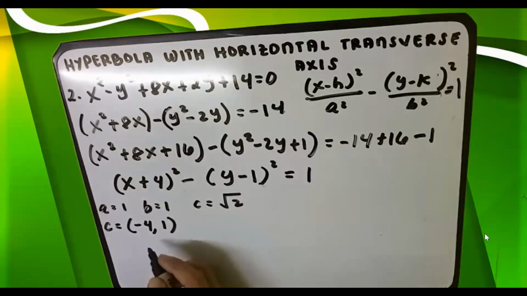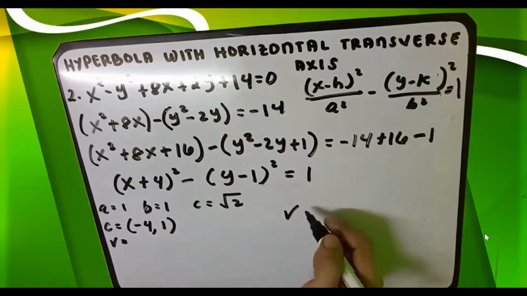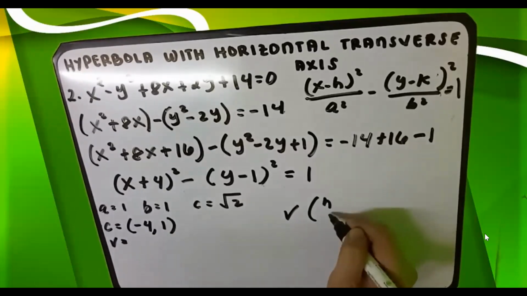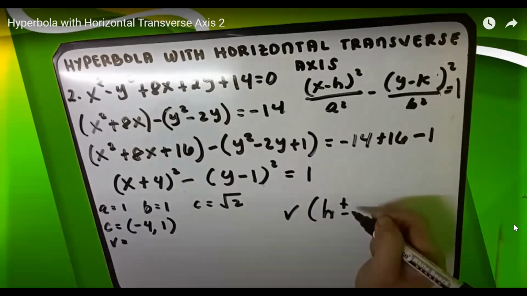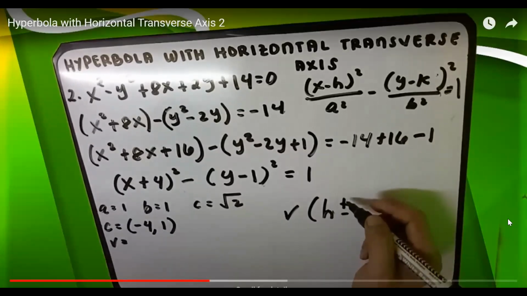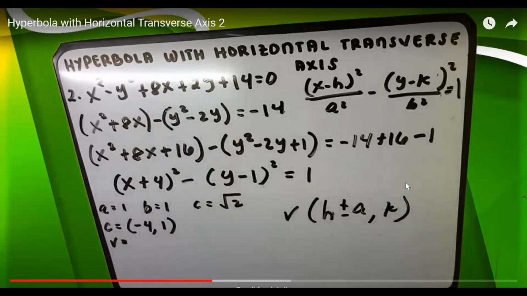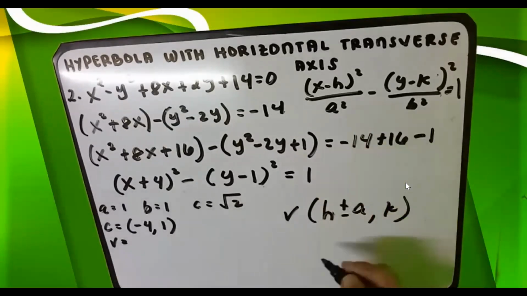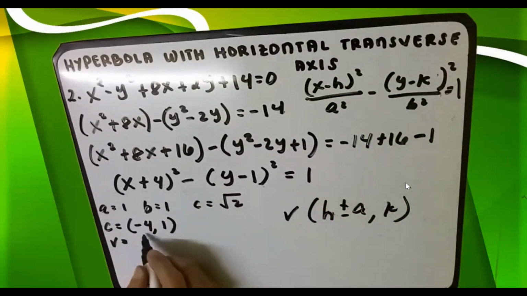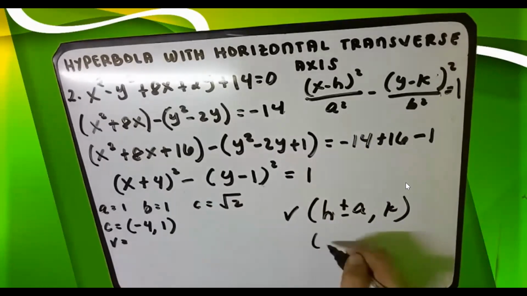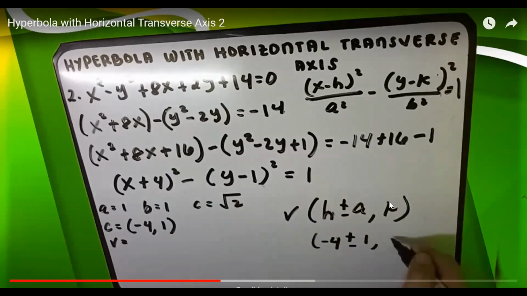Next, vertices. So, sa vertices, again, gumagamit tayo ng h plus minus a and then k. Ang h natin ay negative 4 plus minus, ang a natin is 1 and then k.